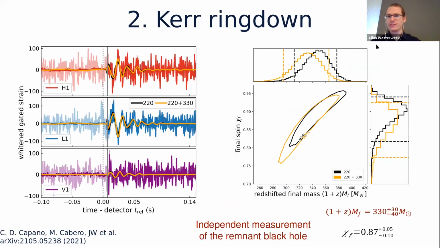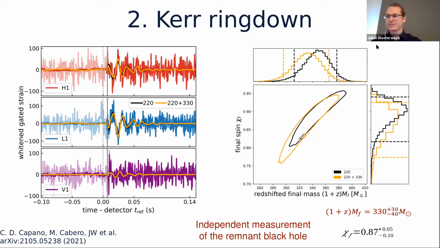So this is a nice result, and what we can do with this now is, first, of course, we can just show the recovered waveform and see that it indeed matches the data on the left. But one thing we can do with this result that we have found the mode now is we can get an independent measurement of the final mass and spin of the black hole, independent from the in-spiral merger and ring down waveform, that is, based solely on the post-merger signal.